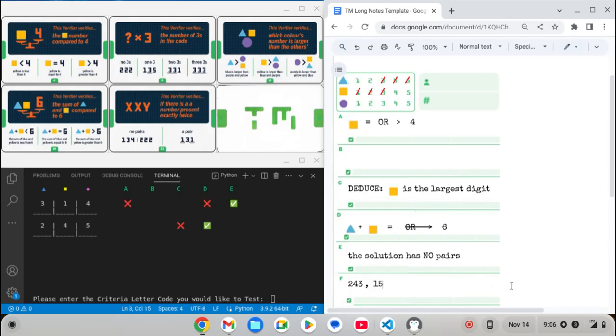So it looks like it may be safe to deduce that there is a single 3. So I guess the test that we have to do is A again. Is it a 4 or is it a 5? That looks to be the case.